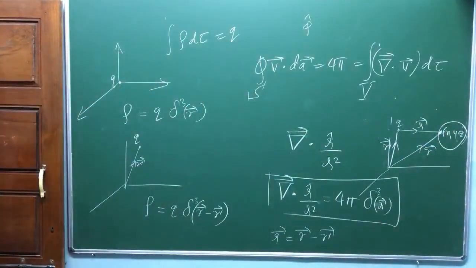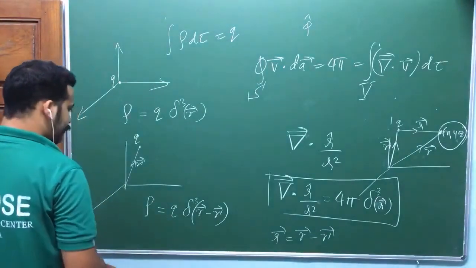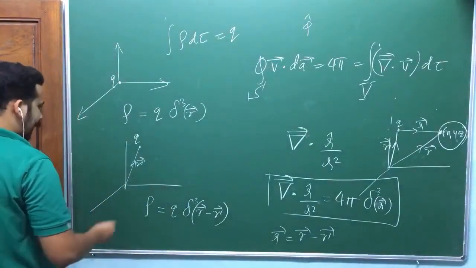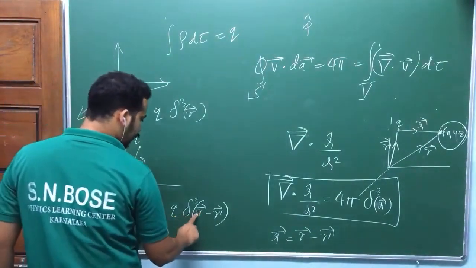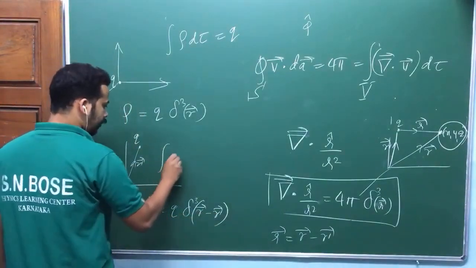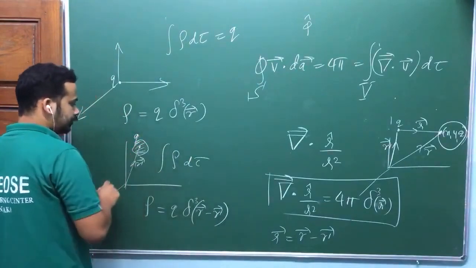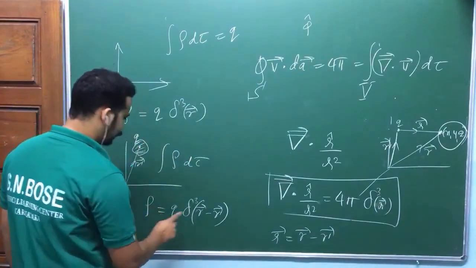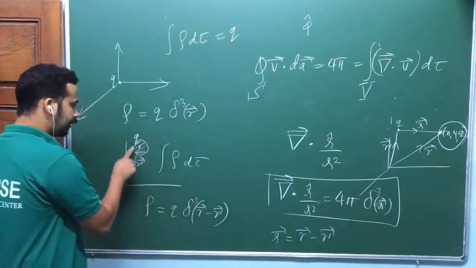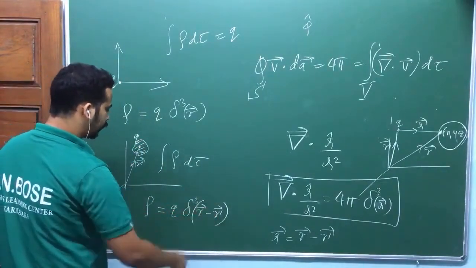So if you integrate this one around a region when r equals r prime, integral of rho d tau, if that covers any volume which contains that region, is that okay? That means this r is variable. If you are integrating over a volume, this r is variable, if that covers r equal to r prime.